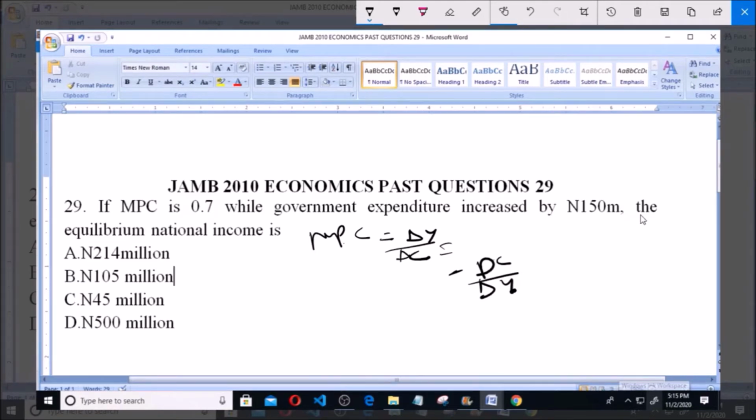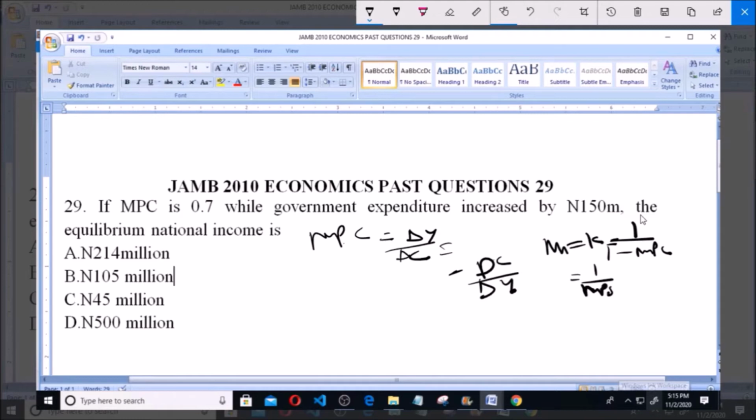A multiplier is denoted by K, which is 1 over 1 minus MPC, which is equal to 1 over MPS, marginal propensity to save.